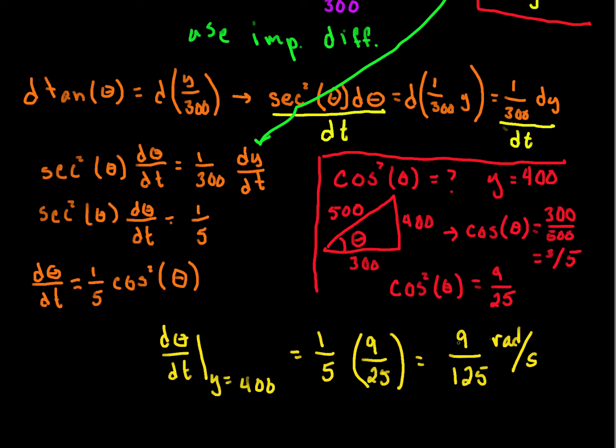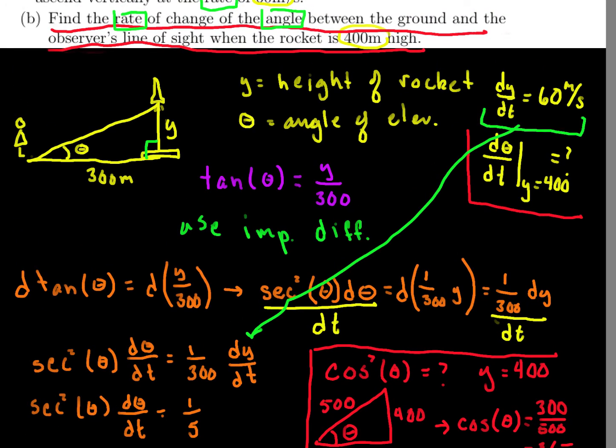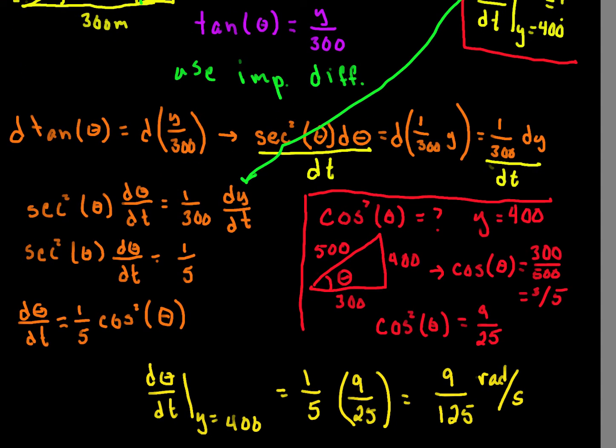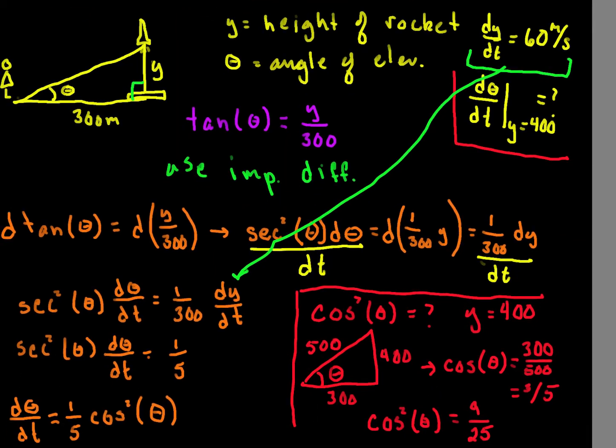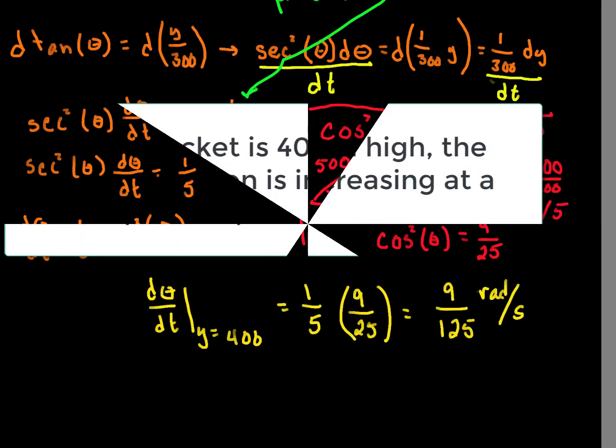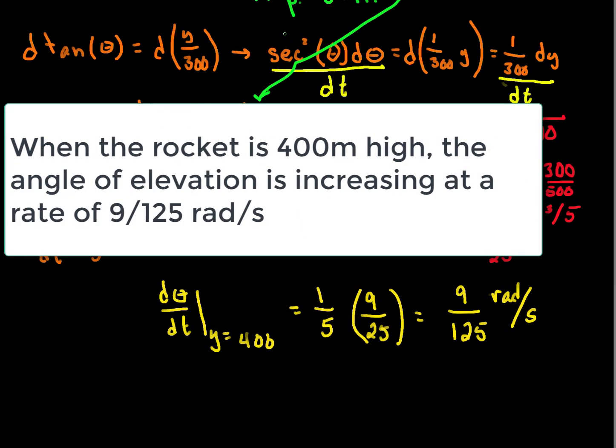And we would write this out, addressing the question: the rate of change of the angle between the ground and the observer when the rocket is 400 meters high is 9/125 radians per second.